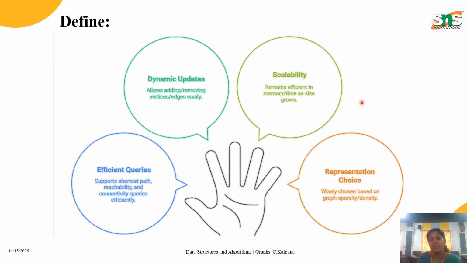And then the next thing is the scalability. That is also a major issue. He needs to handle it. And what type of data structure can handle this? So these are all the points he needs to consider while defining the problem definition.